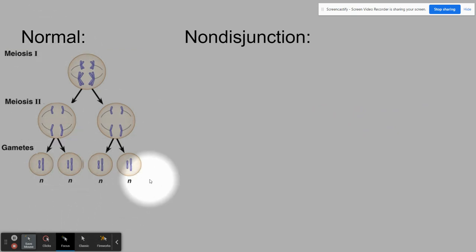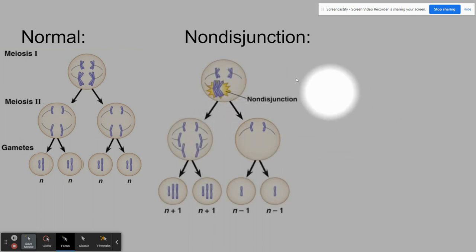So here's the normal meiosis. Remember, we're splitting twice, going through PMAT twice. So see, this first cell splits correctly again to where all these cells at the bottom have 2 chromosomes in them. Nondisjunction can happen in either meiosis 1 or meiosis 2. So this one's happening in meiosis 1, where we had 3 pairs of homologous chromosomes going in one direction and only one going to the right side.